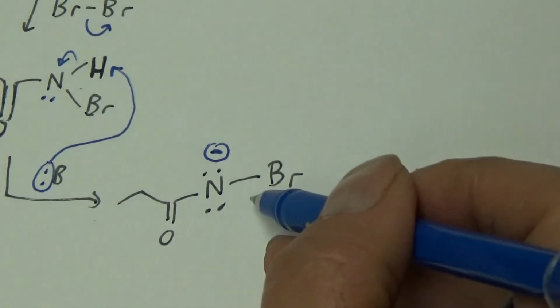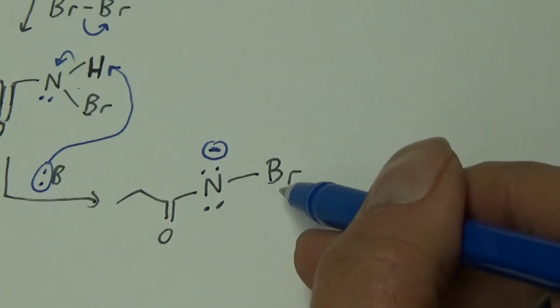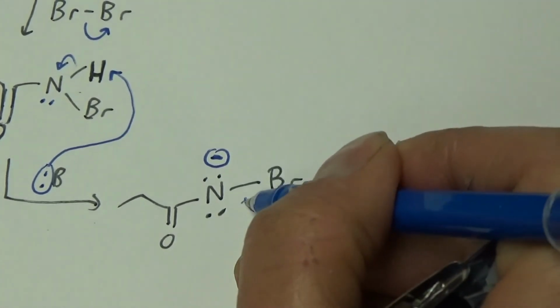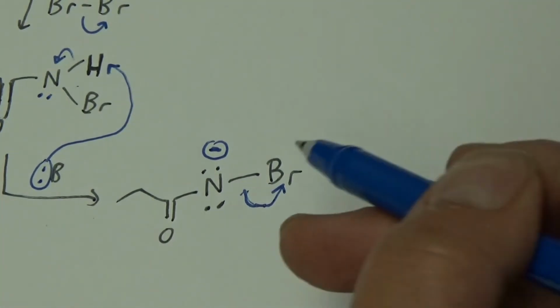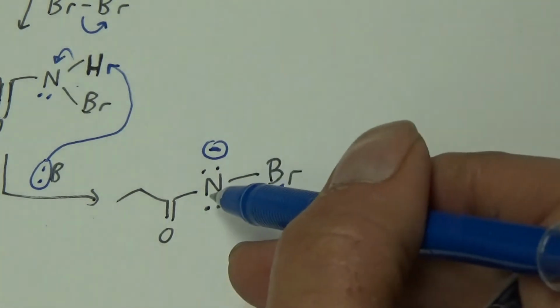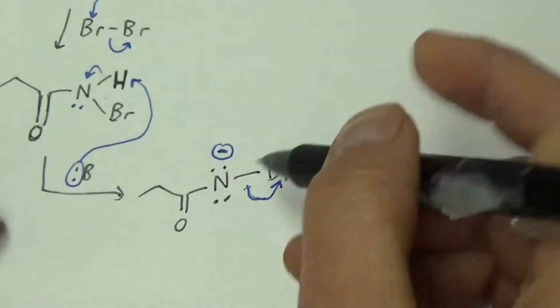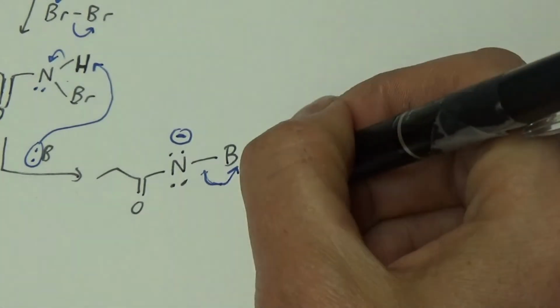But if you ever do see a leaving group on an atom that's negative, the leaving group just goes away. There would be a couple other cases here and there where you see that. Leaving group on an atom that's negative, leaving group just goes away. Alright, so what does that give us? Well, Br goes away.